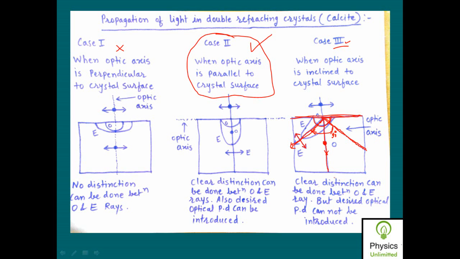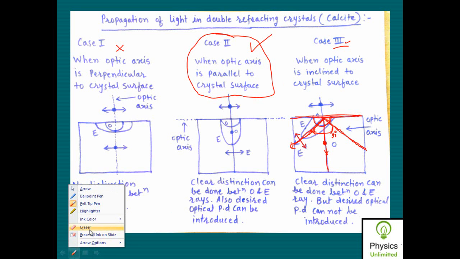Here we can distinguish between the two rays, but we cannot use it to produce the retardation plate, because the two rays travel in different directions with different velocities. Is it clear? The three cases, that is propagation of light in double refracting crystal.